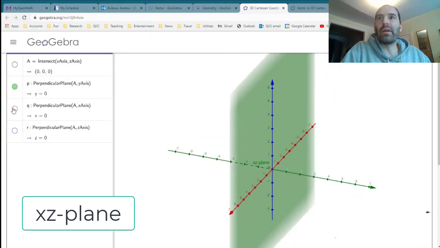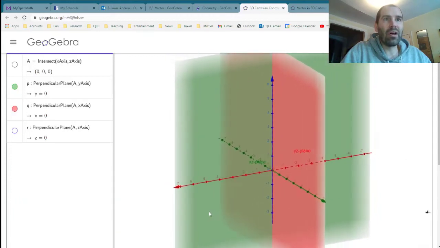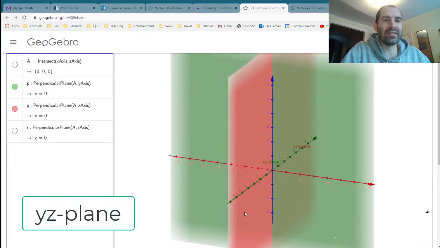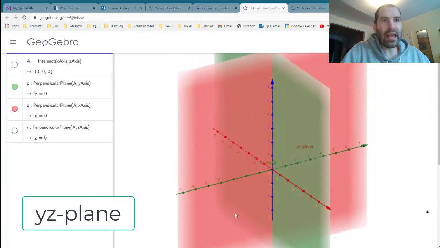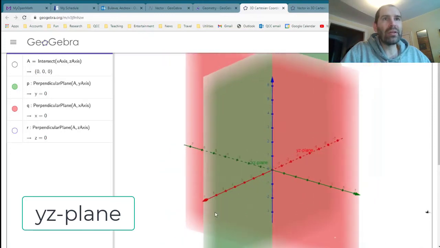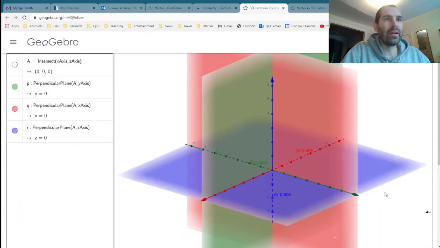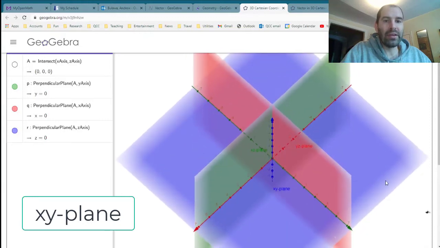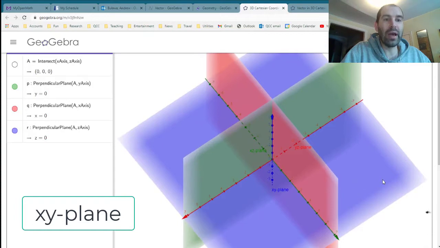And if I look at the plane that's perpendicular to the x-axis and goes through the origin, that is called the yz plane. It's perpendicular to the x-axis. And if I take the plane that's perpendicular to the z-axis and goes through the center, that's called the xy plane. And you can see that this does indeed split three-dimensional space into 8 regions.